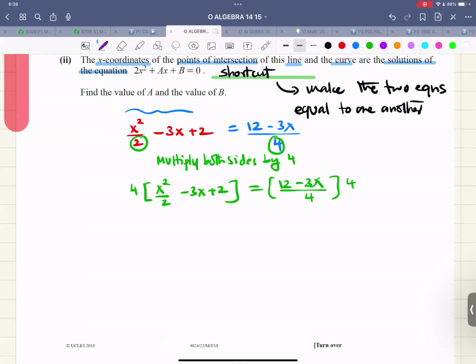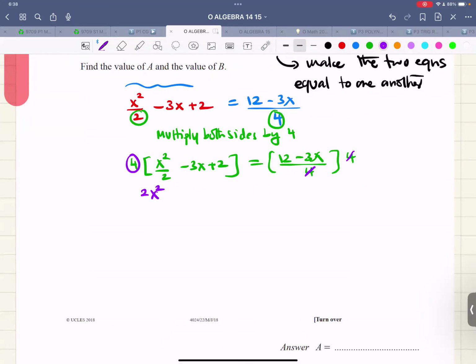Naturally, the 4s cancel out, and this 4 will multiply with each one of them. So this becomes 2x squared, this becomes 12x, and 4 2s are 8. All good. And this is 12 minus 3x.